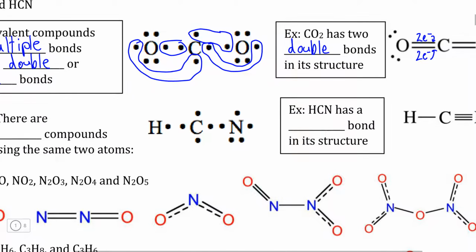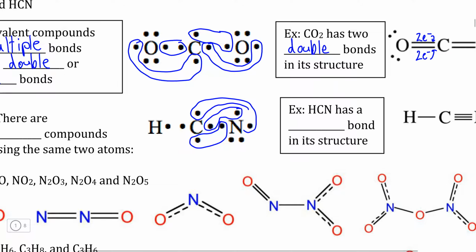So if we want to connect carbon and nitrogen, we can see that we can get, this is going to be a little bit awkward, one covalent bond here, one pair of unpaired electrons shared, one pair of unpaired electrons here, and the last pair of unpaired electrons we can see here.